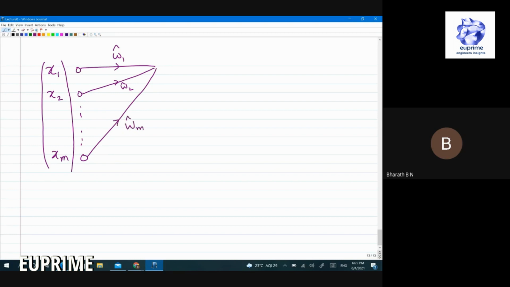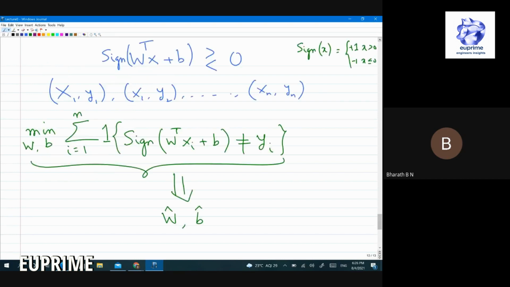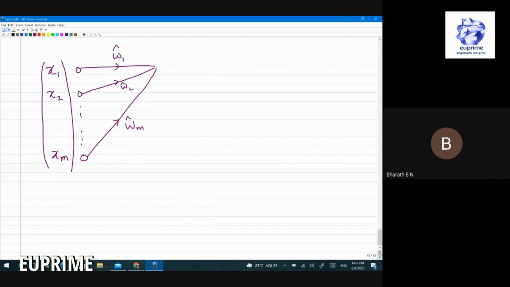Okay, M hat or N hat, I think I've been using these two interchangeably, but it does not matter. Is this clear? And add them, and I have to add a bias b hat, right? So now what do I do? I take the sign. And this will tell me +1 or -1, right?